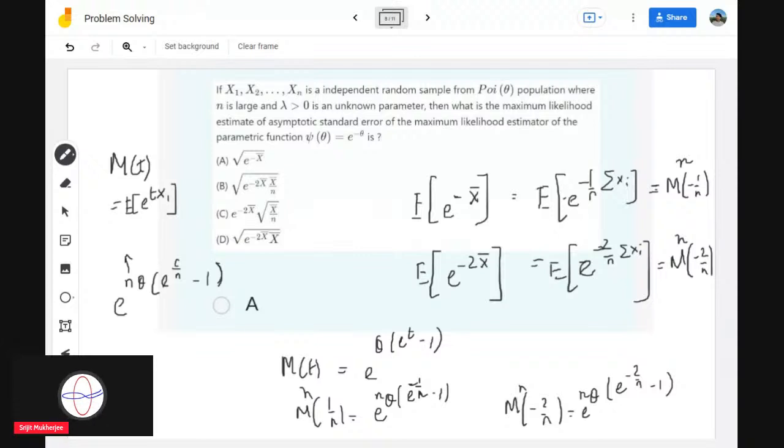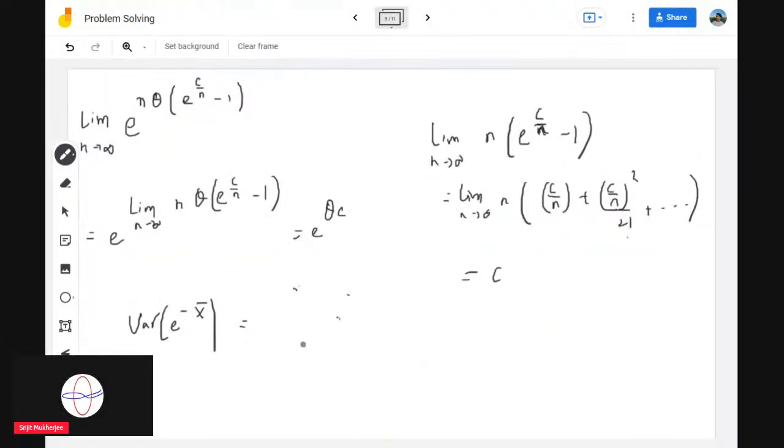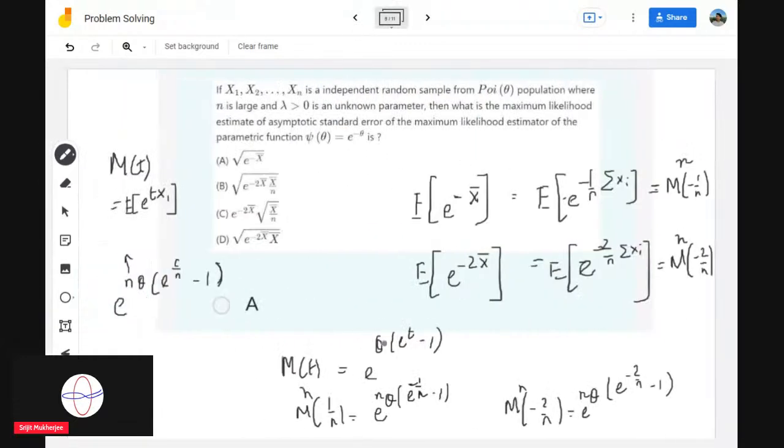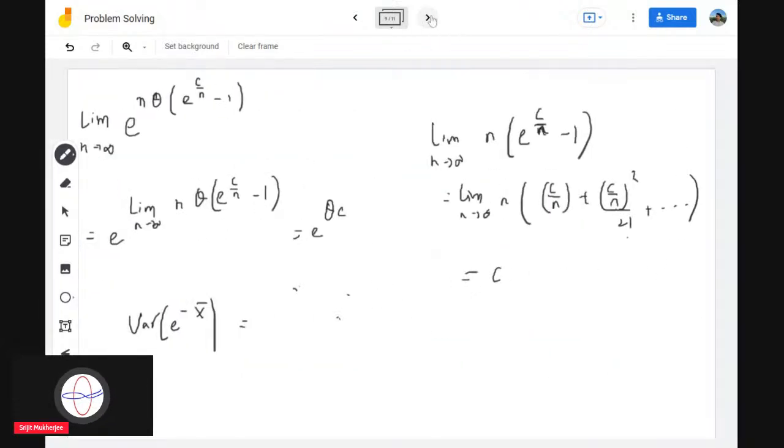Expectation of x square minus this whole square. So it's coming out to be 0. I don't know why. Did I make any mistake? Guys, did I make any mistake? In one part the limit is coming out to be minus 2 and another one is minus 1.